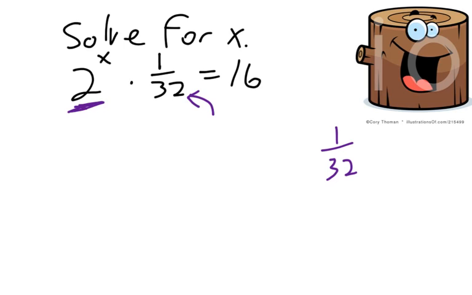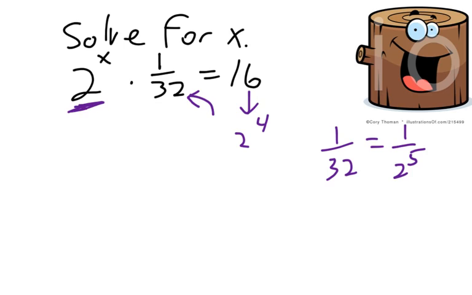So let's see if we can get the same base. So this one actually may not require logs if we can get the same base. So 32 can be 2 to the what power? Well, 2 to the third is 8. 2 to the fourth is 16. Oh, so 16 can be 2 to the fourth. So 32 is 2 to the fifth. So this really is 1 over 2 to the fifth.